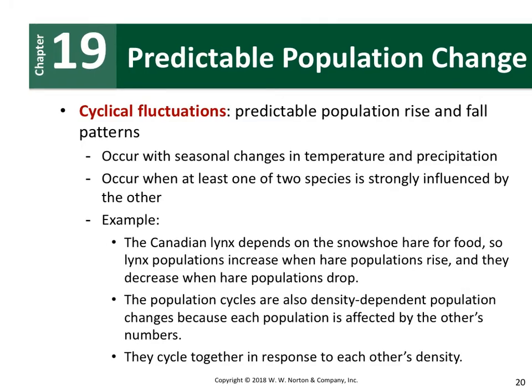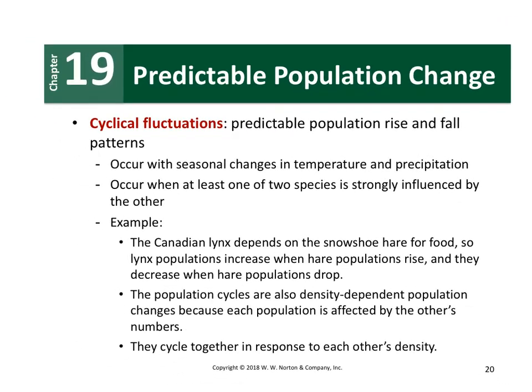Now, you can also have a situation where you have cyclical fluctuations, predictable population rise and fall. And this can happen, of course, over the year.